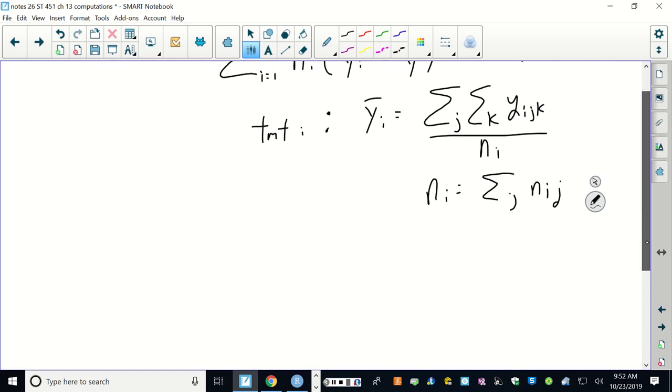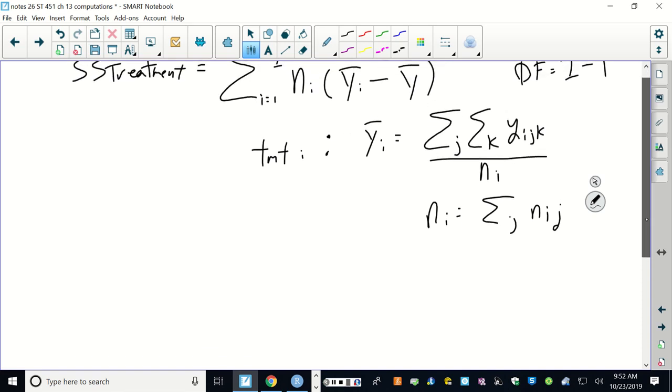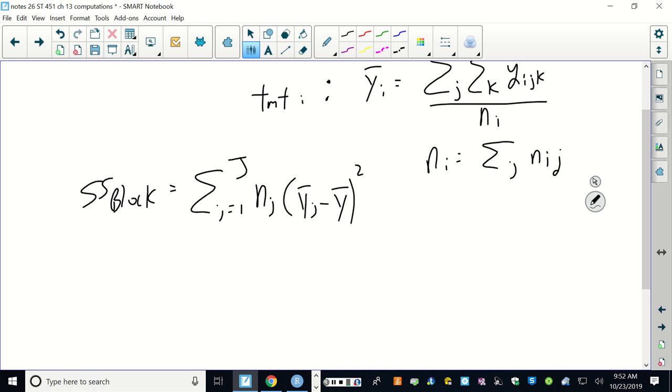The sum of squares blocks is similar, but with the j subscripts. So sum of squares block is going to be a sum over the blocks of the number of units in the block, times the average of the block minus y bar, squared.